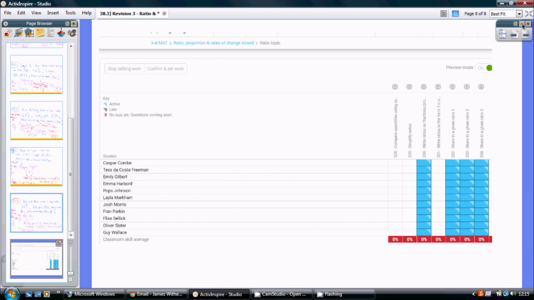Now, what I've done, I've set you 4 Show My Homeworks. For the first one, 330, write ratios as fractions. So that's the bit we were just practicing a minute ago. Then I've set 3 tasks, share in a given ratio: 332, 333, and 334. So these are the 4 that I want you to do, please.